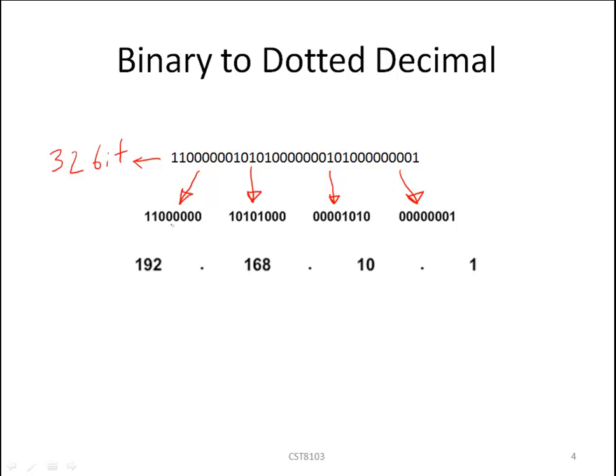We then take each octet and convert it to its decimal equivalent, and then separate the decimals with dots, and we end up with the dotted decimal representation of a 32-bit address. It's that simple.